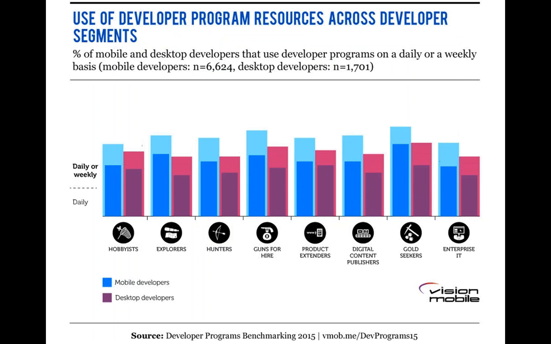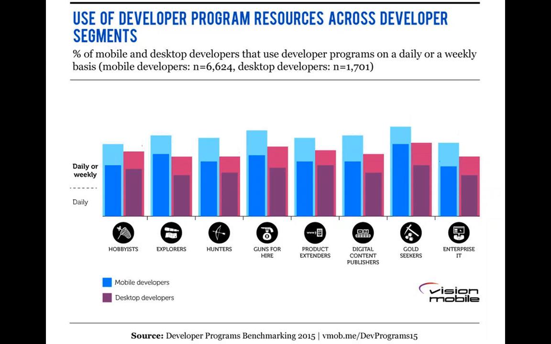Either way, you can see there, hopefully, that the gold seekers are the greatest users, certainly the greatest daily users of developer support programs across desktop and mobile. They're a league ahead of everyone else, and they're very keen on using it often.